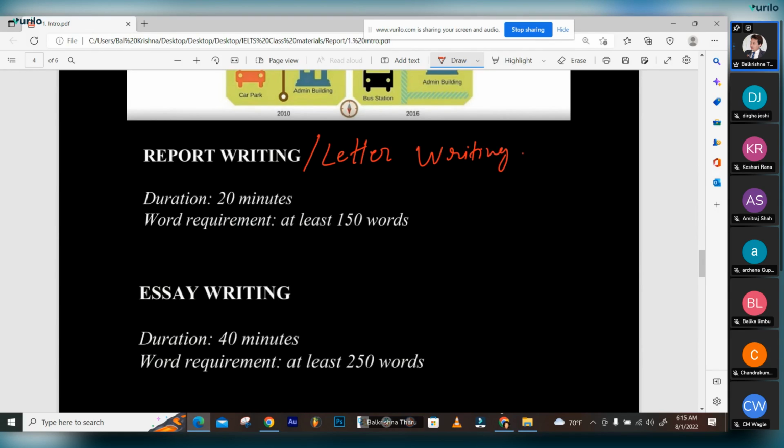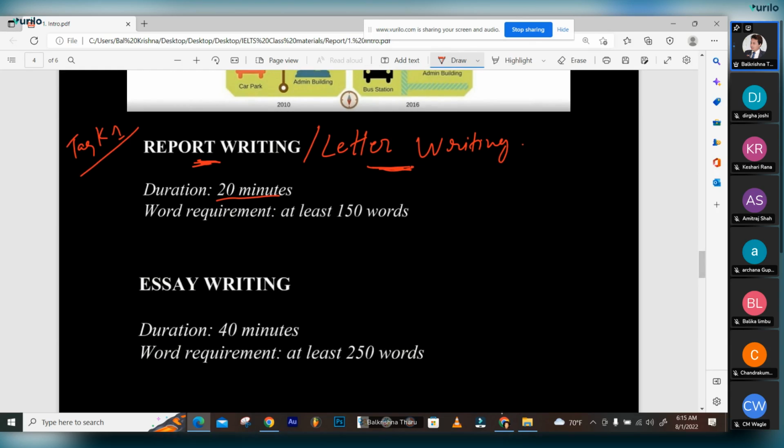The duration for task 1 is 20 minutes. 20 minutes for the report writing, 20 minutes for the letter writing. And the word requirement is also the same. 150 words for the report writing, 150 words for the letter writing.